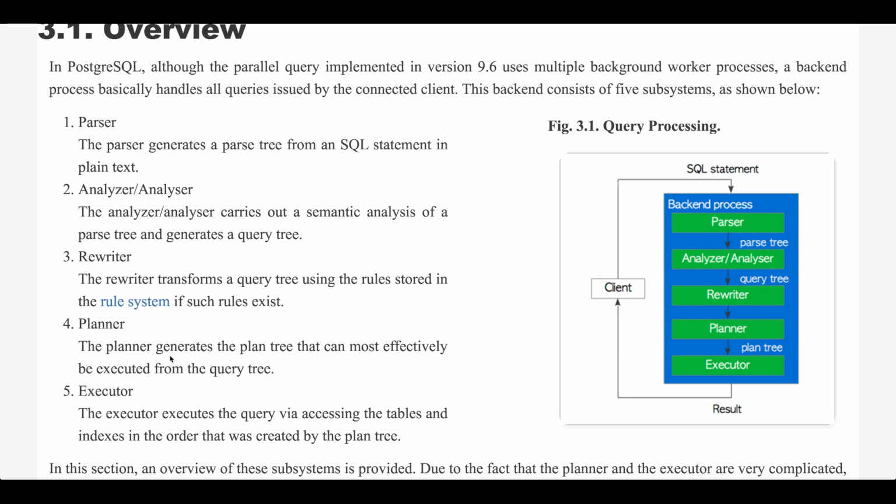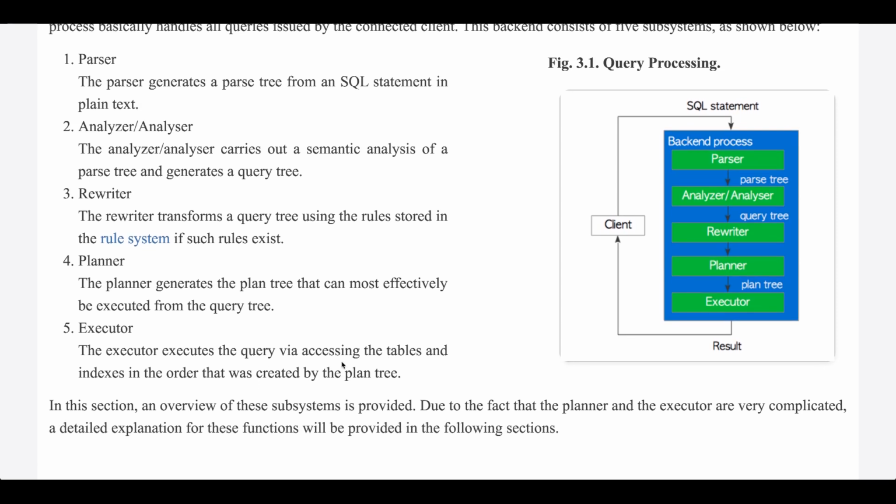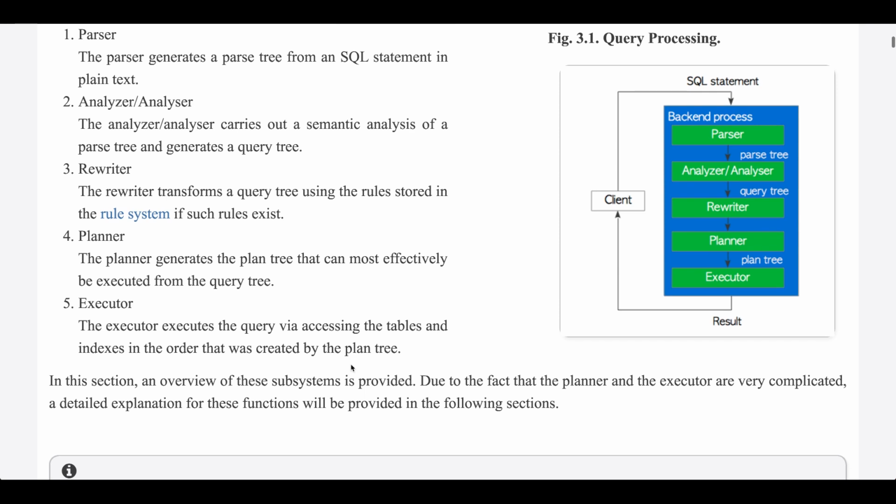Planner. The planner generates the plan tree that can most effectively be executed from the query tree. Executor. The executor executes the query via accessing the tables and indexes in the order that was created by the plan tree. In this section, an overview of these subsystems is provided.